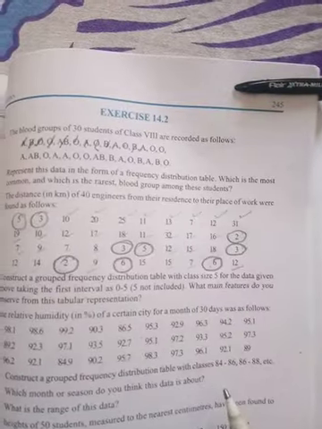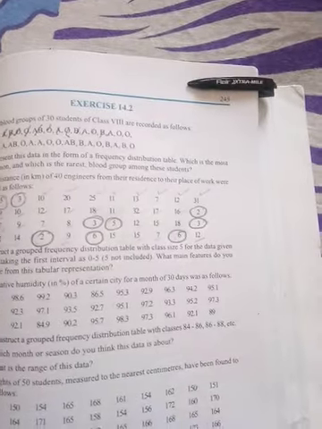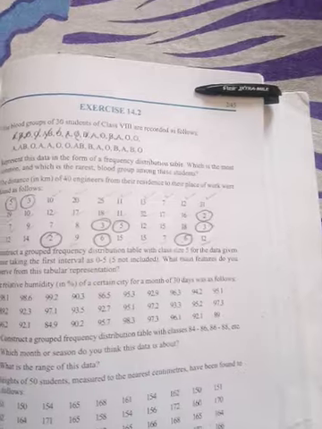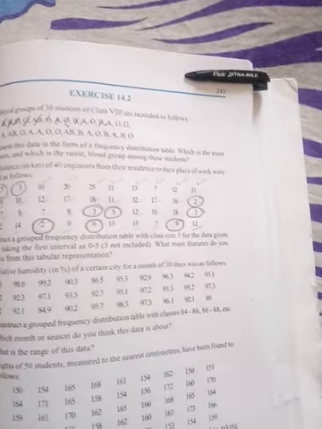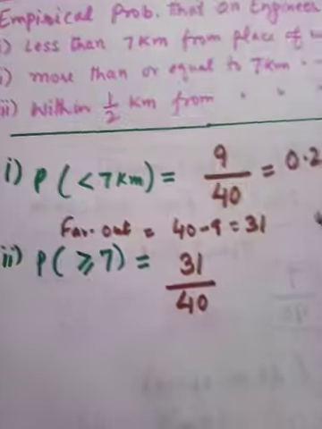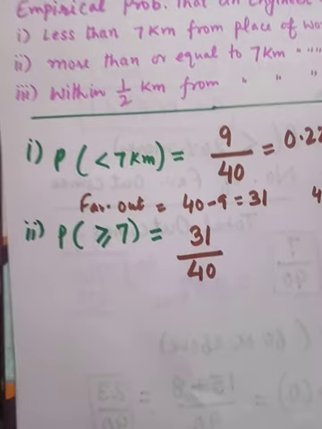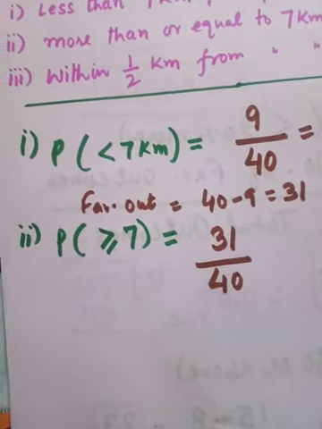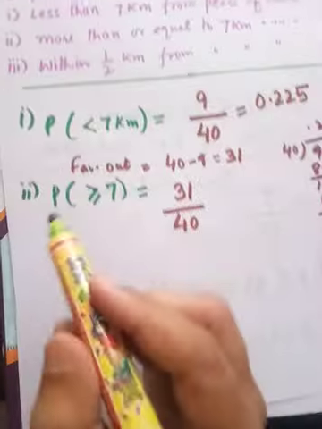So 31 cases are there, meaning 31 persons travel a distance of greater than or equal to 7 from their place of work. So I think this is verified. So the probability is found. Let's go for the third part now.